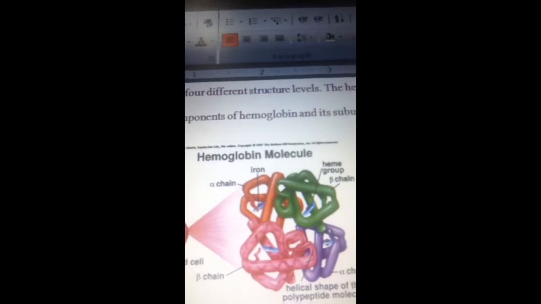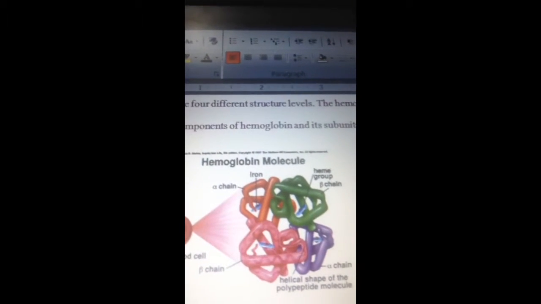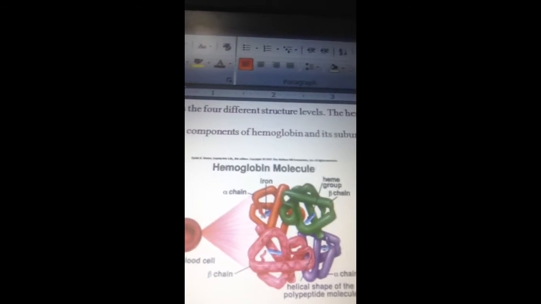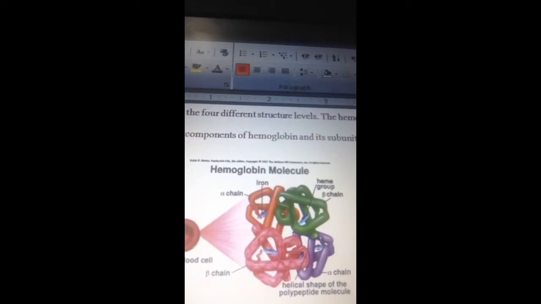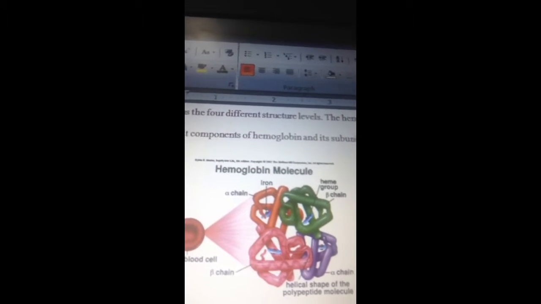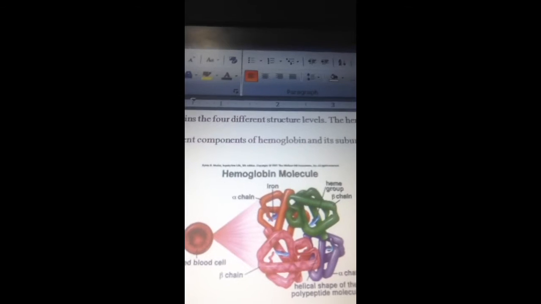Sorry for the picture being that way. You have the red blood cell, and then inside is the hemoglobin molecule, which has the alpha chain, the beta chain, the heme group, and the helical shape of the polypeptide chain. It's a great representation of the hemoglobin molecule and its different components.